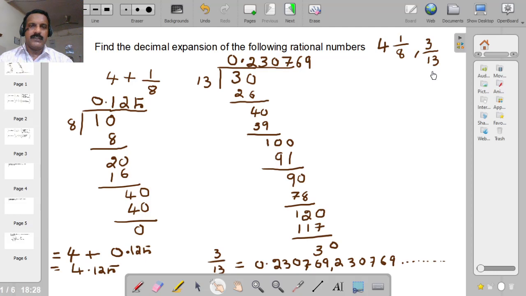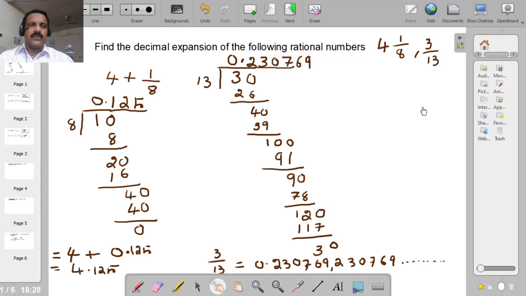So 3 by 13 has a non-terminating decimal expansion, but the block of digits 230769 is going to repeat again and again.